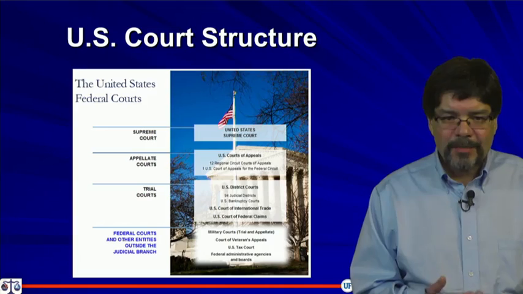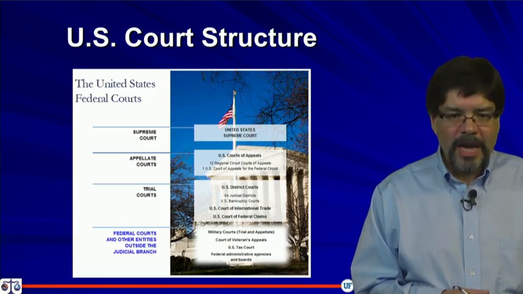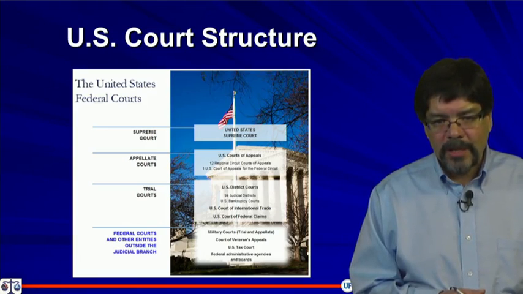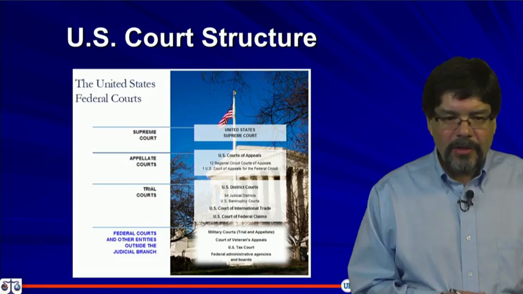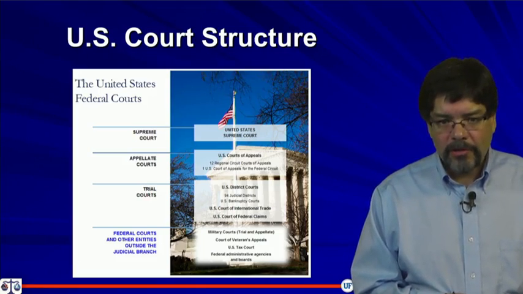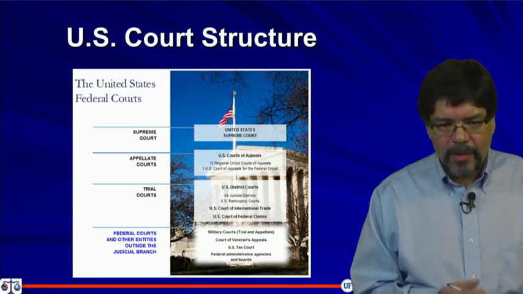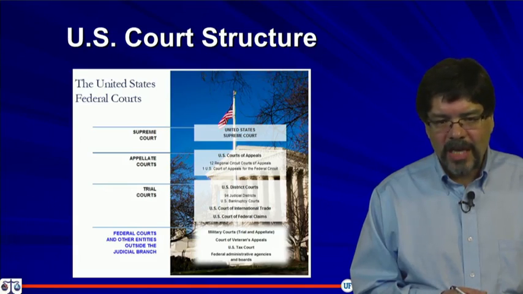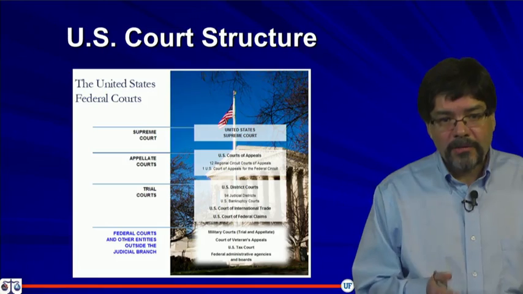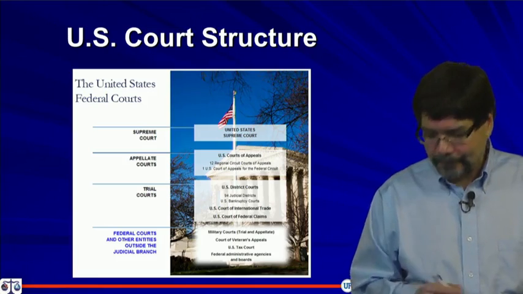There are also certain specialized tribunals, the bankruptcy courts, the Court of International Trade, the Court of Federal Claims. And then there are other kinds of courts which are not considered Article 3 courts, the military courts, the courts of veterans' appeals, the tax courts, and administrative agency boards. Those are not within the Article 3 judicial power, unlike the first three categories.